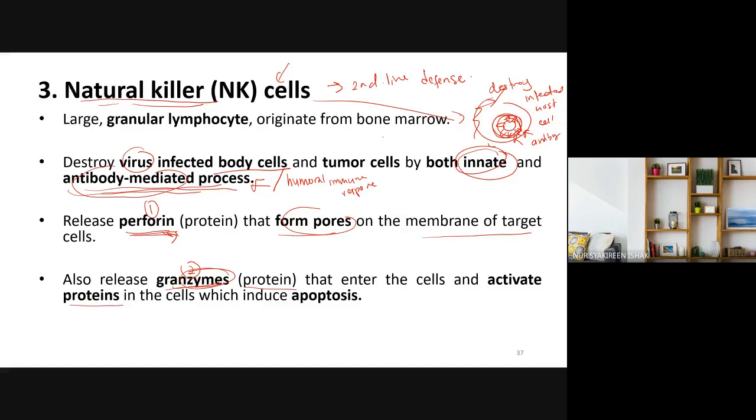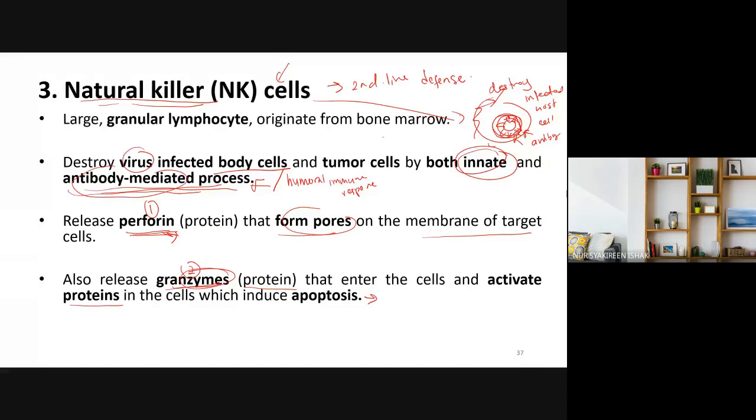cell, which induces apoptosis. Okay, apoptosis adalah, it induces the whole cell to be destroyed. That is apoptosis. Kita tengok dia punya definition. Saya lupa dia punya istilah dia.